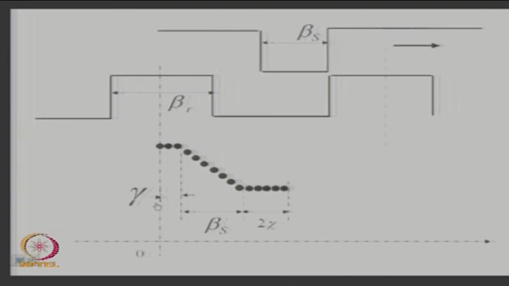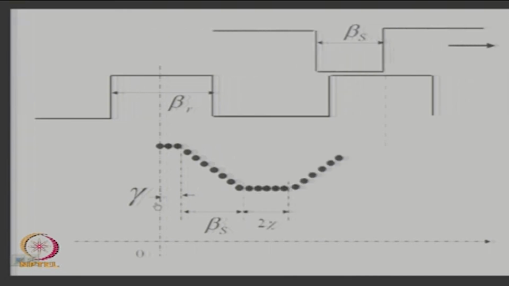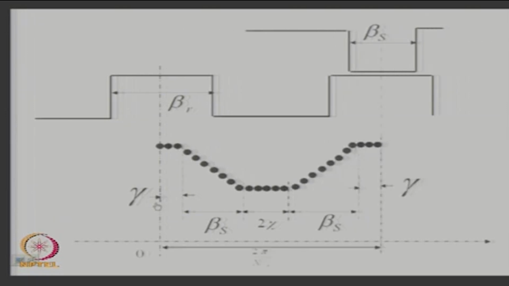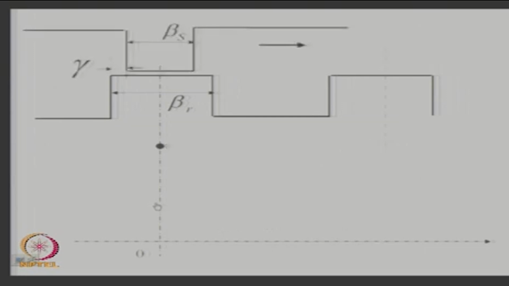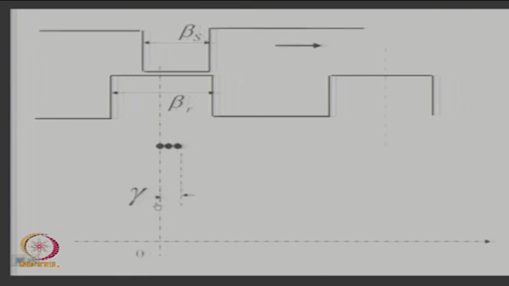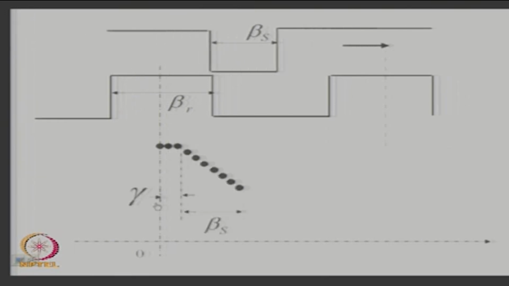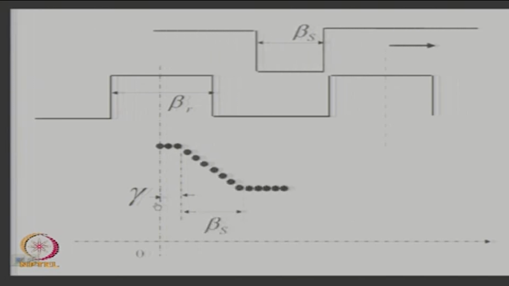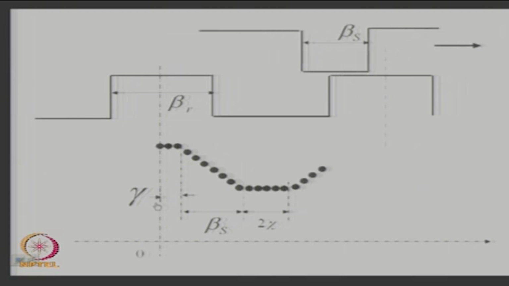There is a dwell at both sides, at maximum and minimum. I hope it is illustrative. As you move, now you are moving the stator, it is relative motion basically.